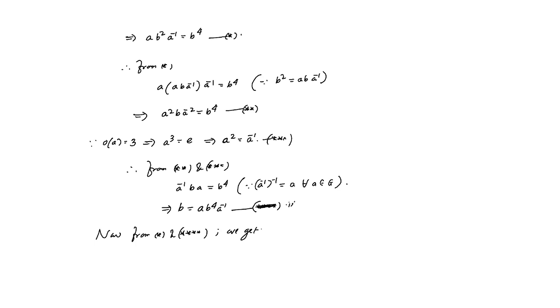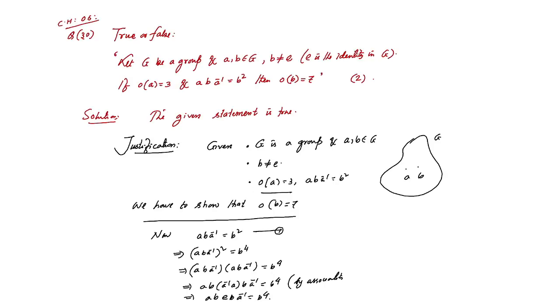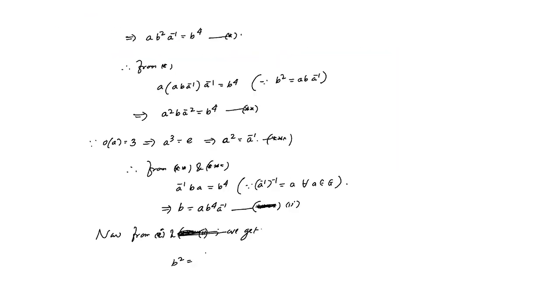So from 1 and 2, what we get? Here we have B square equals A B A inverse from 1, and B is basically A B to the power 4 A inverse.